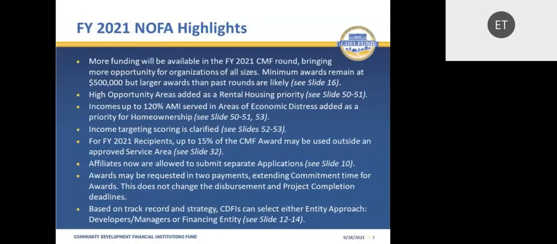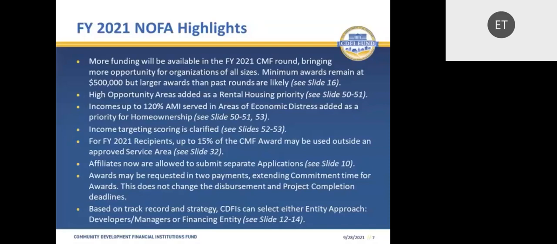We think that increased funding is bringing more opportunity for everyone and for organizations of all sizes. The minimum award amount still remains at $500,000, but because we have more money this year, we anticipate that larger awards will be made than we've been able to do in past rounds.